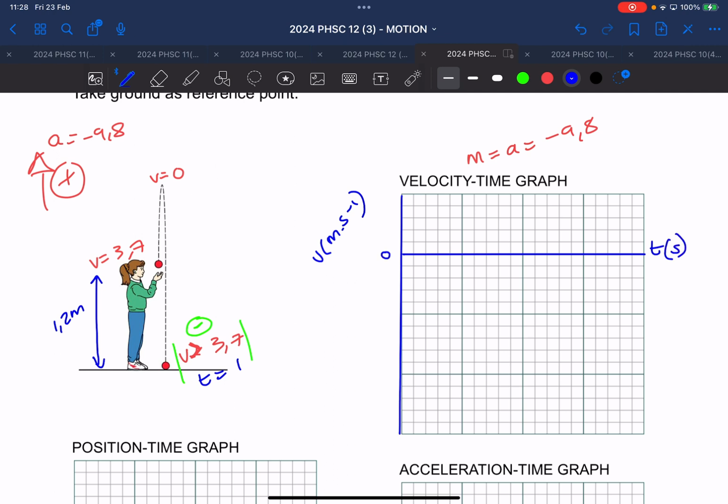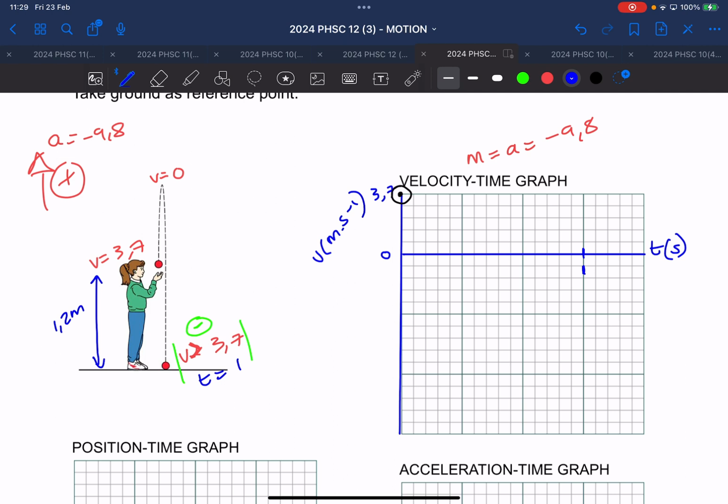Okay. Our initial velocity is 3.7 when time was 0. And that's all we have. Even if they ask it from just that information, the only other thing that we can put in is we can say when the time is 1 second, we have a value. We don't know what the value is, but we have a value. It's going to be negative.